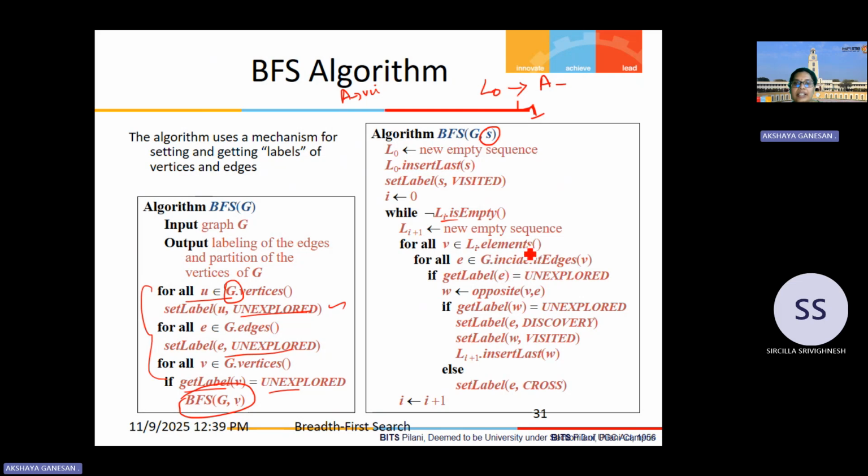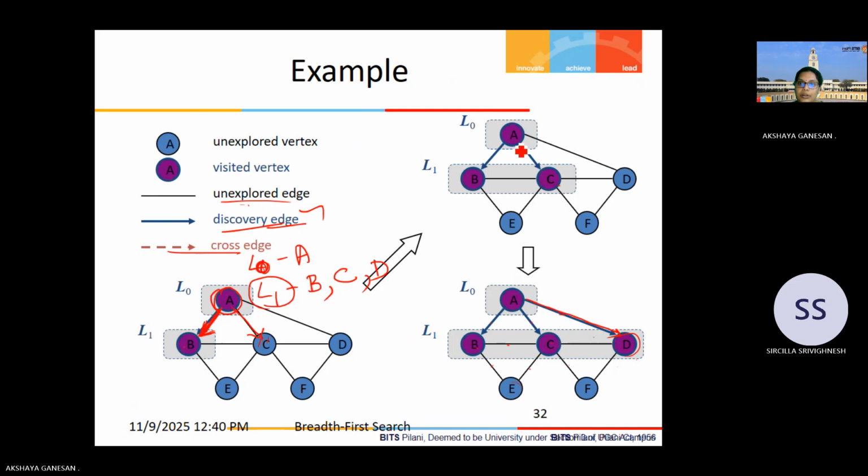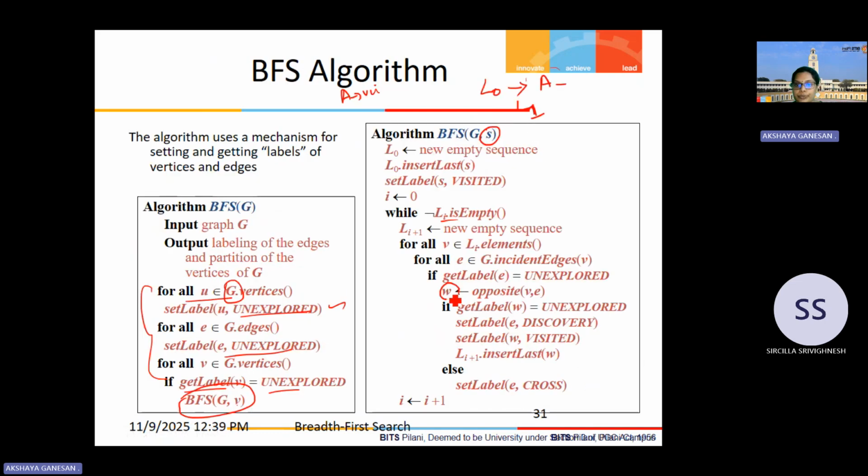For all vertices in the list, that is in this L0 list, you take all the edges which are connected, you get the opposite of that edge. So from A, you have one edge. So for this edge, the opposite will be B. For this edge, the opposite will be C. So you get the opposite W.